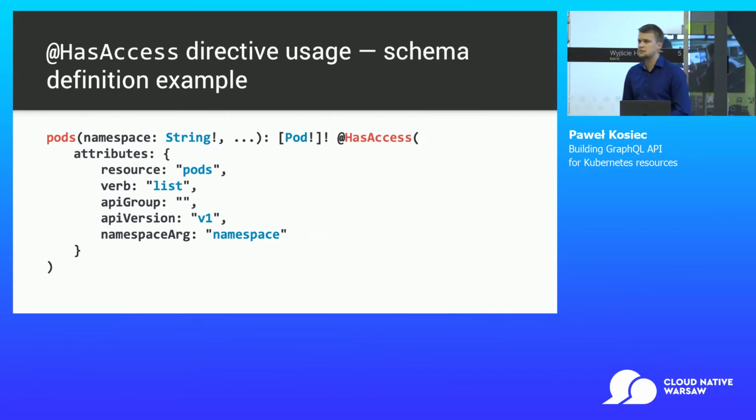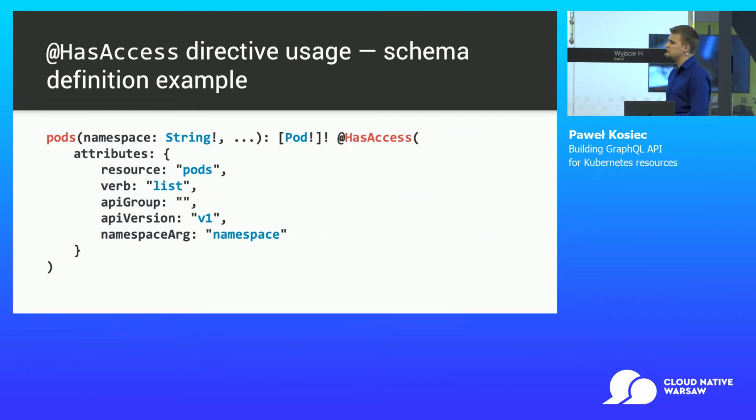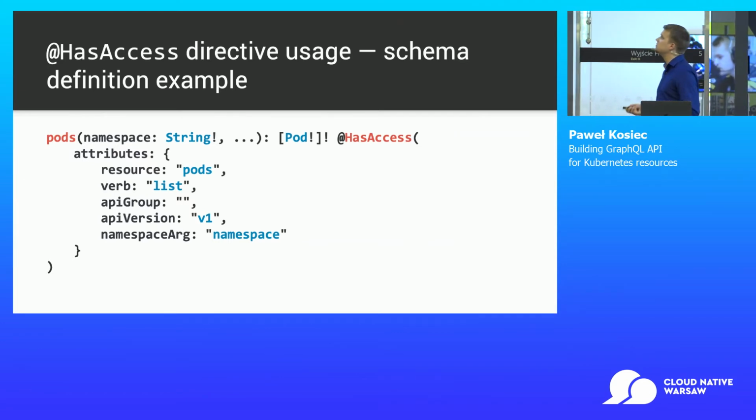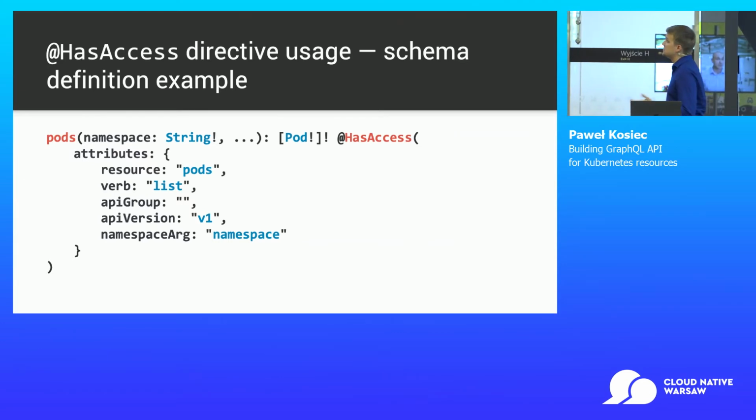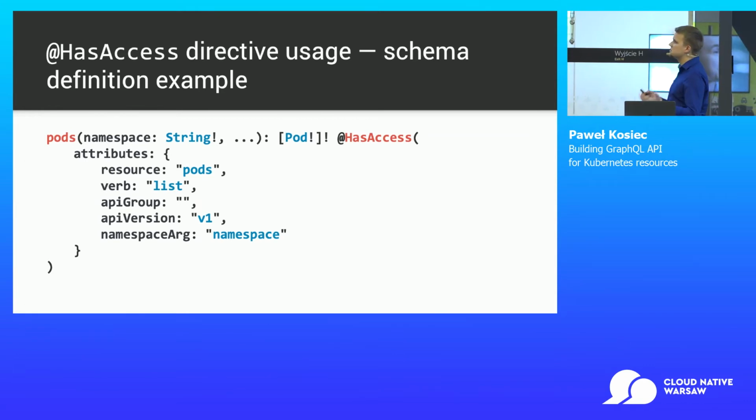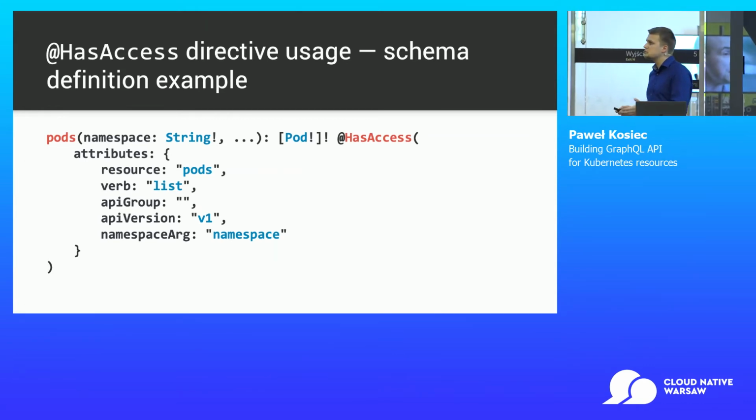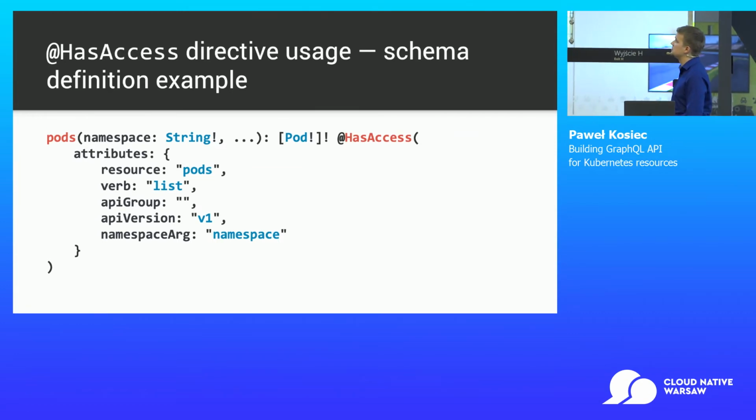We defined a has access directive, where we specify the attributes needed to perform the subject access review. We needed to specify which rules are valid for this query. To run this query for pods, the user would need to have access to pods in the core API of Kubernetes, and the verb is specified as list.